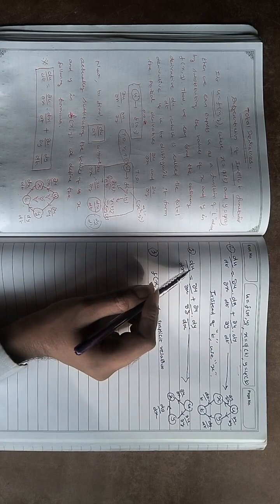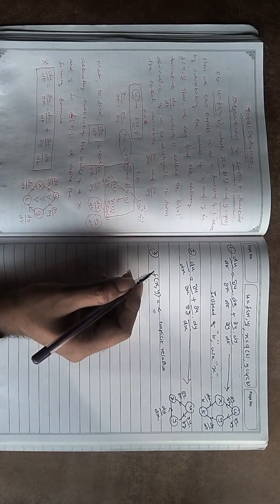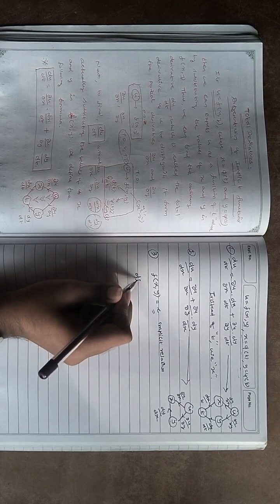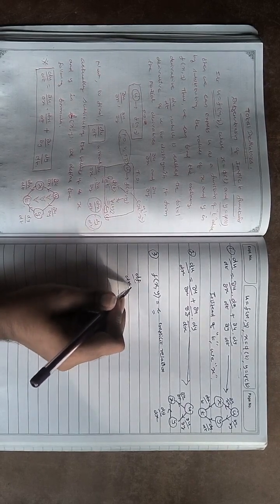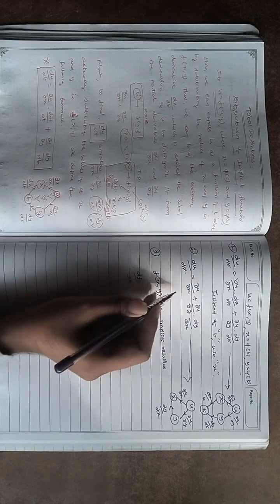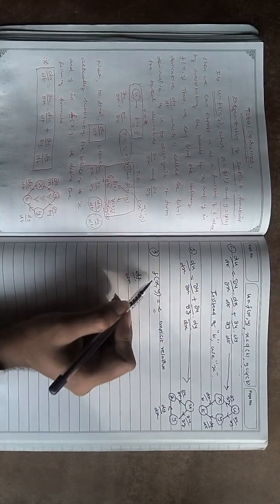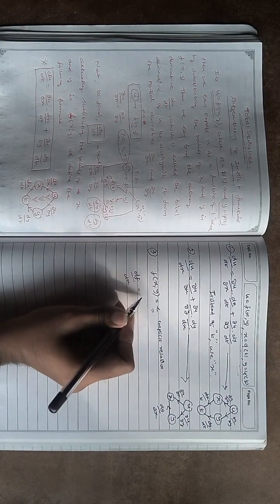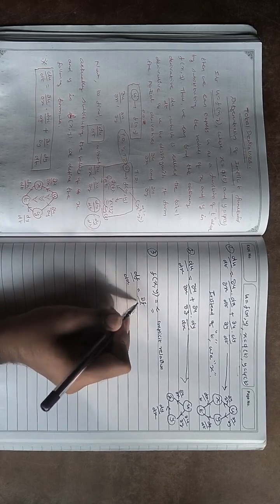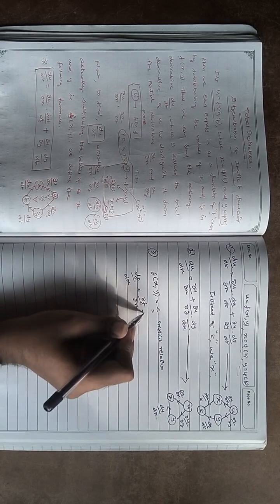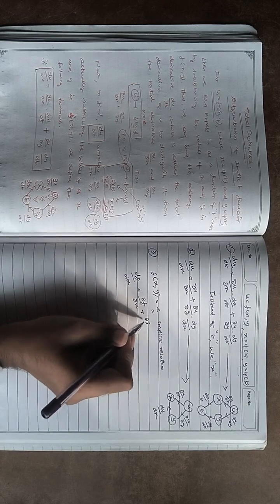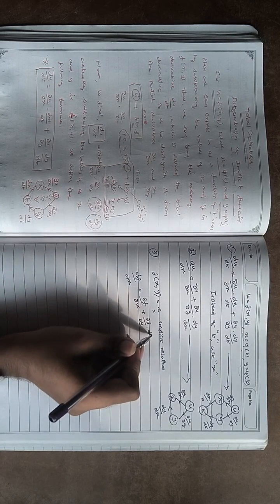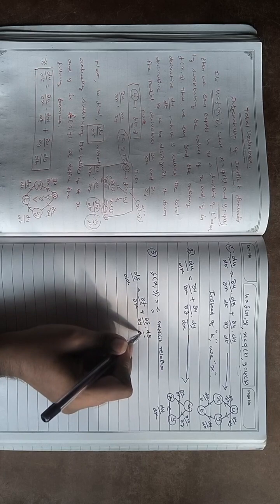So here, instead of u, I am taking f directly, that is df by dx equal to dou f by dou x plus dou f by dou y into dy by dx.